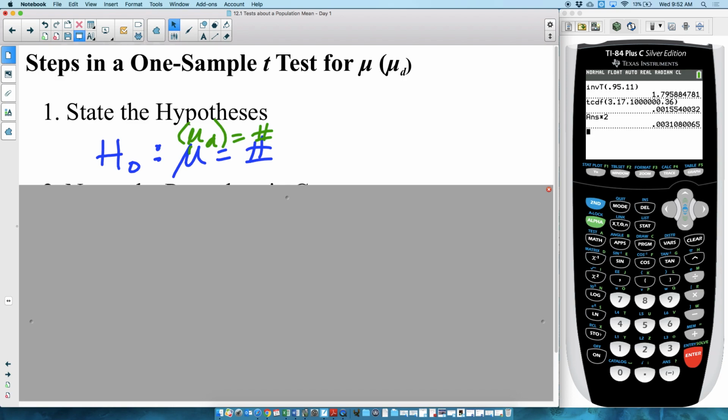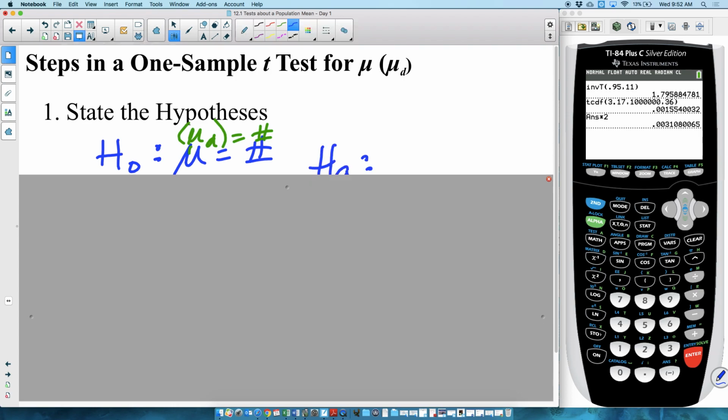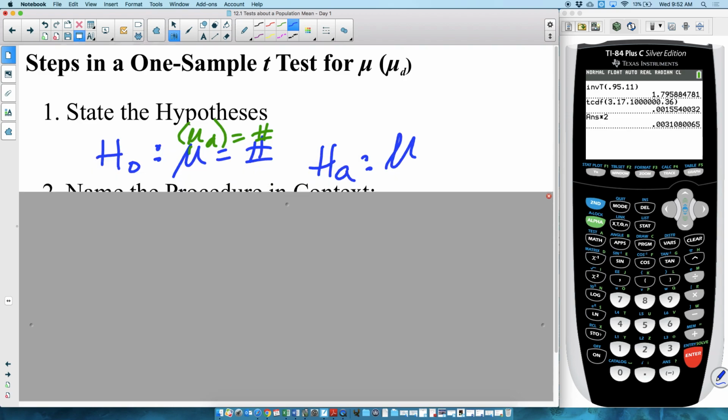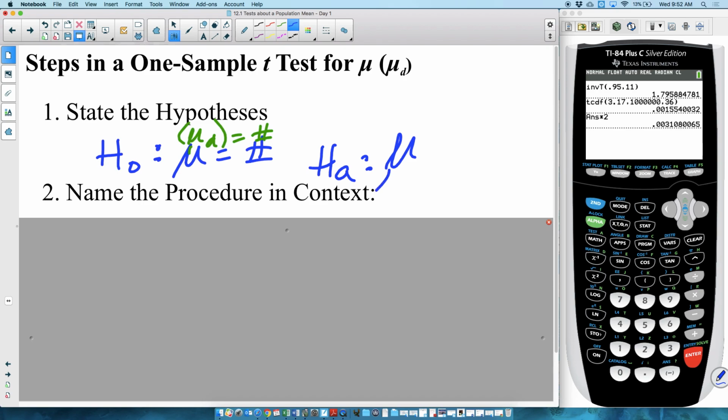And then my alternative. When mu is less than something, mu is greater than something, or mu is not equal to something. Correct. So mu is less than, is greater than, or is not equal to.